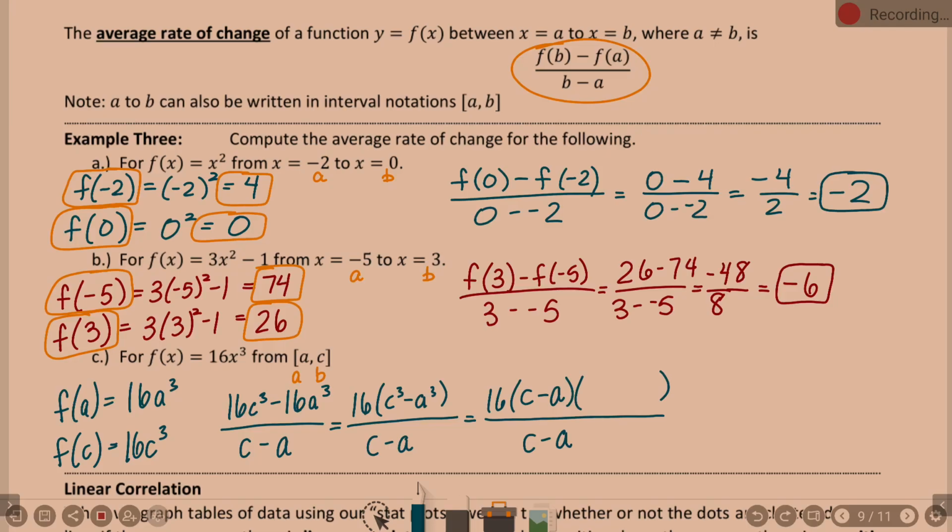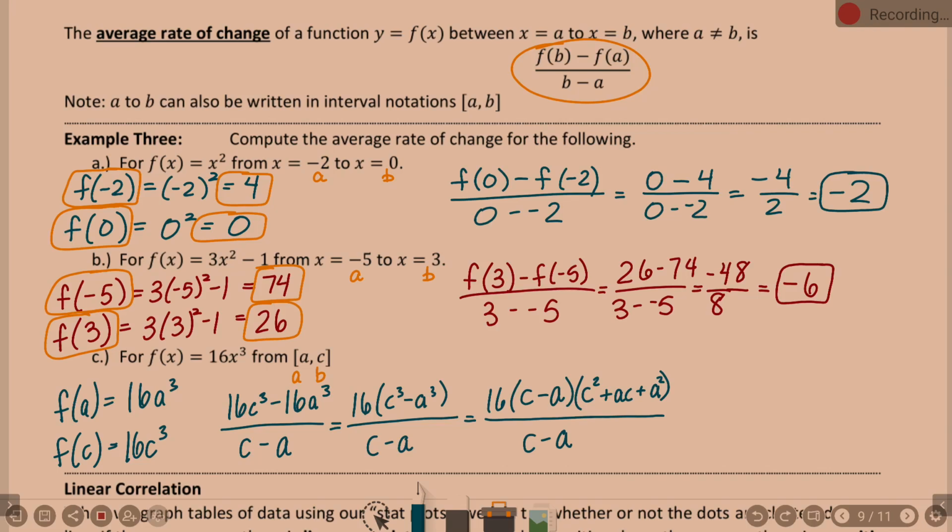The middle piece is the two cube roots multiplied together, but the opposite sign. So plus AC. I'm going to say AC because I'm an alphabetical type person. The last term is the other cube root squared, a squared, and it's always a positive plus a squared.